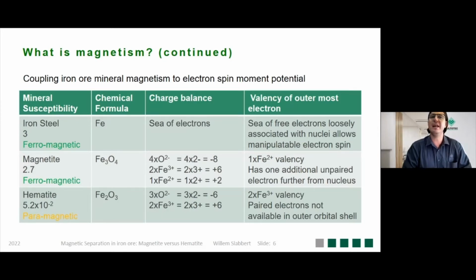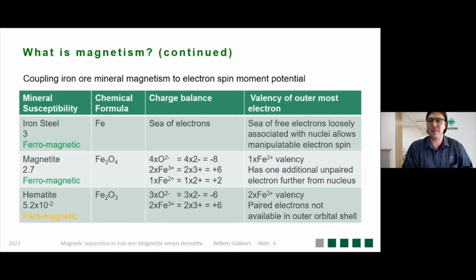And because these electrons are loosely associated with the nuclei, it means that they are further from their nuclear distance, and they're not necessarily associated to a single proton or nucleus, but rather to multiple. And that is why we can manipulate the electron spin directions of iron steel by applying an external magnetic field quite easily, and why the magnetic susceptibility of iron steel is high at a value of 3.